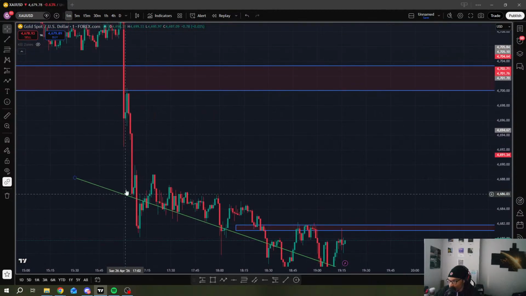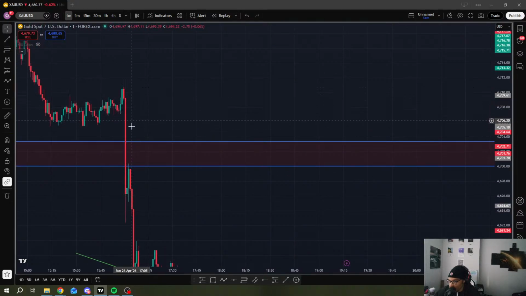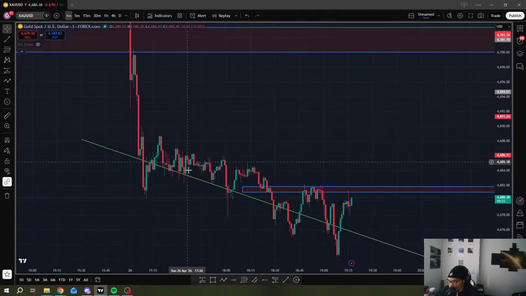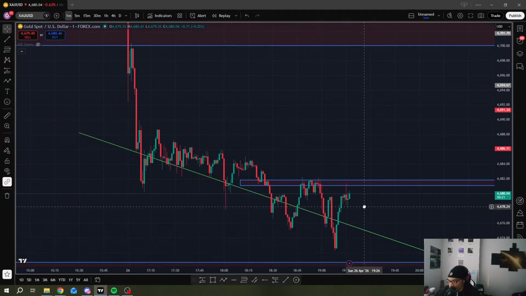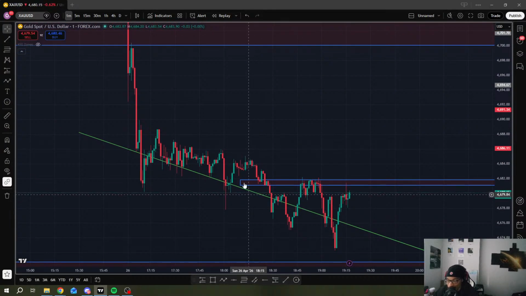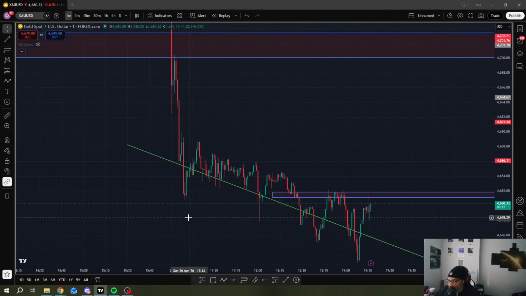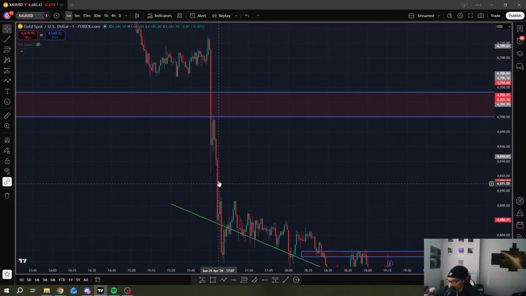We have to fill this gap because it's Friday, April 24th. We rallied like this, but then Sunday we tanked. So there's gaps that need to be filled. So we need to fill all of this.